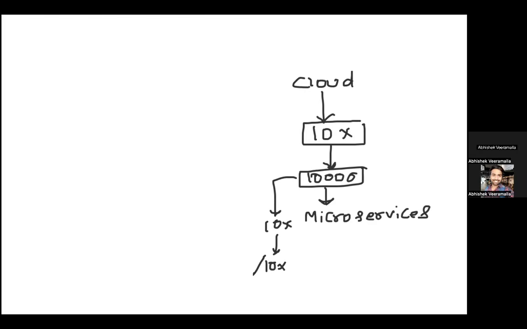Previously, let's say you were creating one physical server, or one local server, with 10 GB RAM. Because of the microservice architecture, the number of servers you are creating has increased, and the resources inside each server have decreased.